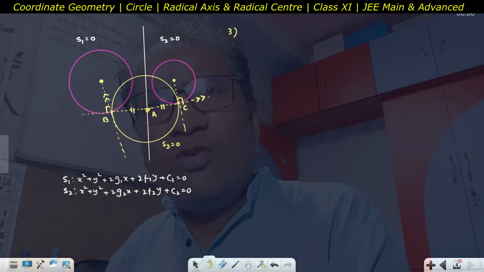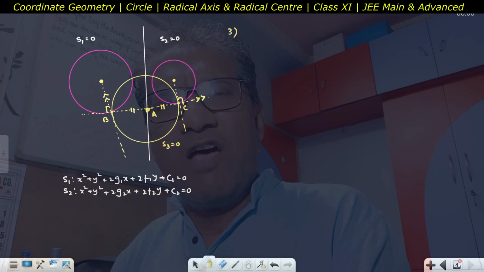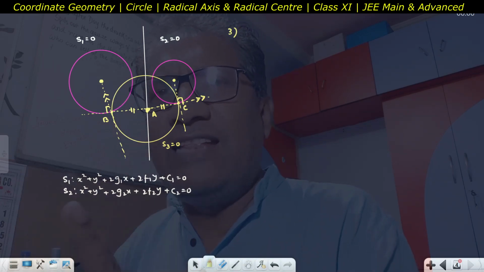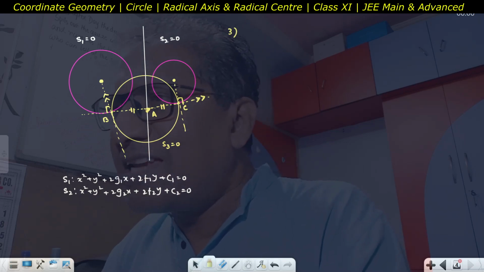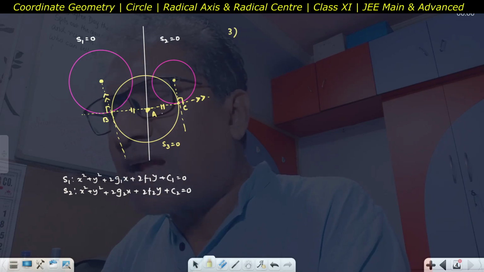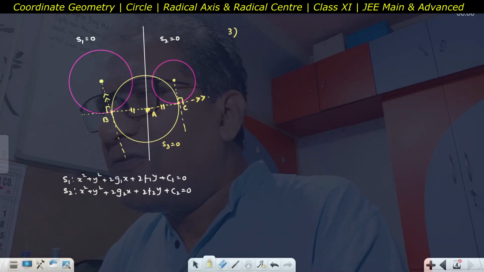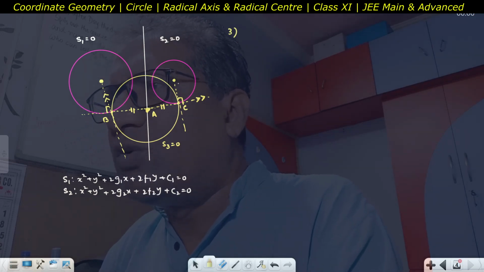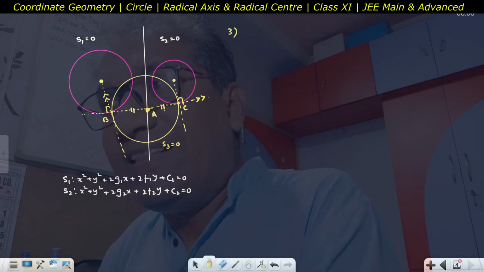Because according to the definition of the radical axis, from any point on the radical axis, if you draw tangents, the lengths will be equal. And in this case, AB and AC, which are the radius of the same circle, are equal. Therefore, the lengths of these two tangents to the two circles S1 equals 0 and S2 equals 0 are equal.